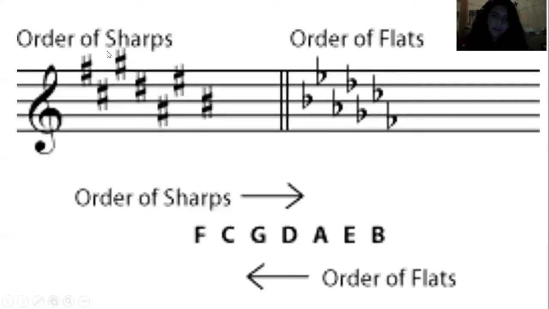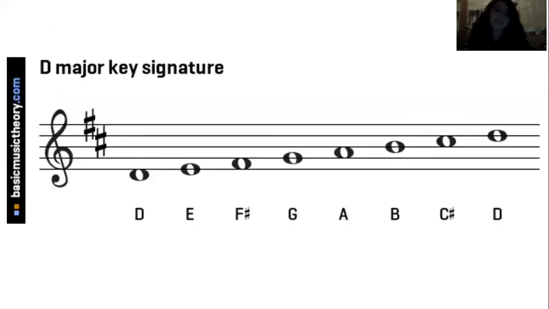This is the order of the sharps, the order of flats, and this is in ascending fifths for sharps and descending fifths for flats, right? You can memorize the order of the sharps and flats with the following example.